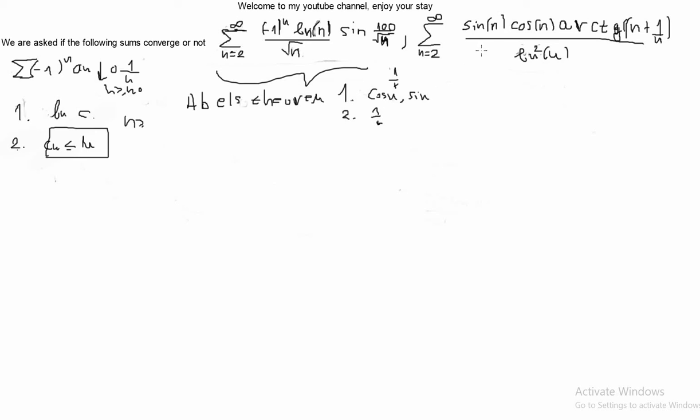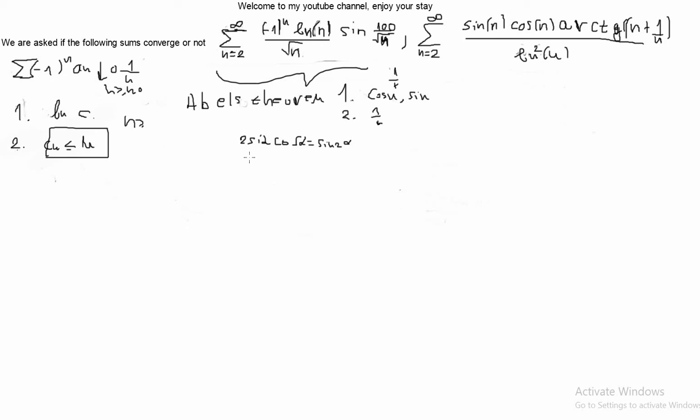But we have a lot of functions going on here, so we can't use it right now. So we need to use some trig identities. We will use 2 sine of alpha cosine of alpha equals sine of 2 alpha. We have sine of n, cosine of n.